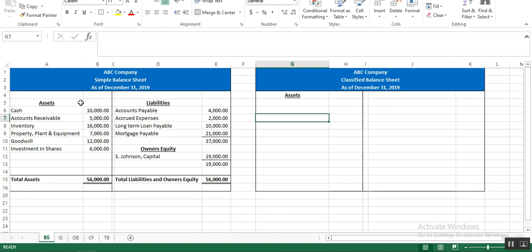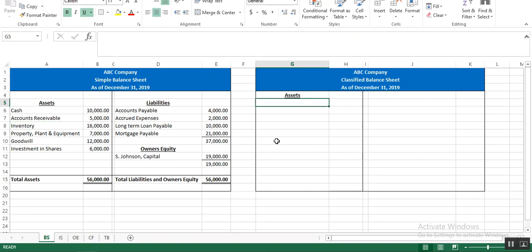And so if I look at my list of assets here, I see that I have cash, accounts receivable, and inventory. These three accounts can easily be converted into cash. Accounts receivable, once you collect from somebody that owes you, that's cash, whereas inventory, once you sell an item, we can turn that into cash. So these are easily convertible.